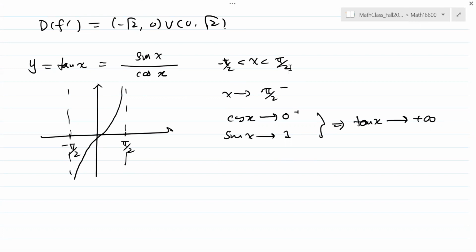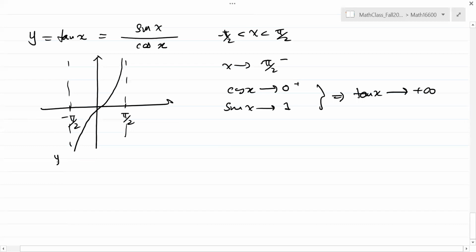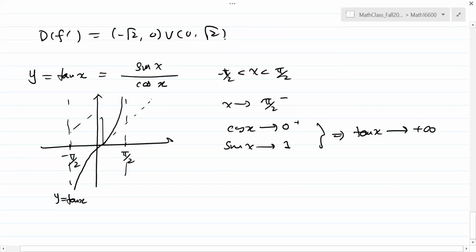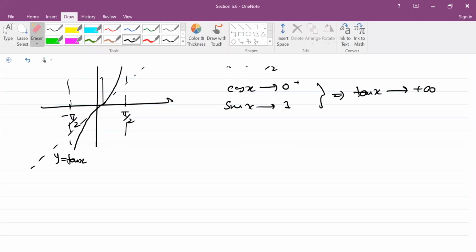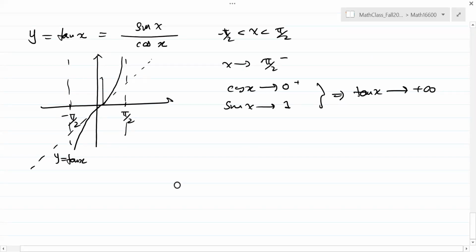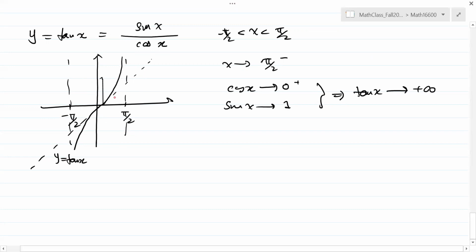When you define the inverse, what you should do, this is y equals tangent x. You draw the middle line, and then the inverse will be the graph of the inverse.